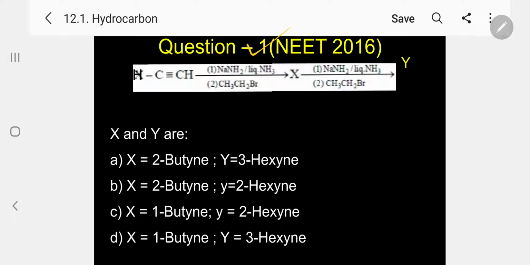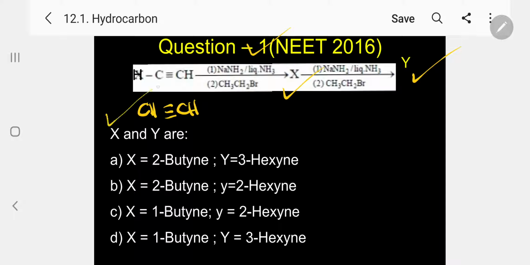Acetylene, CH triple bond CH, undergoes reaction with sodium amide in liquid ammonia followed by ethyl bromide, giving X. Then again the same reaction is repeated. The product X is again treated with sodium amide, liquid ammonia and ethyl bromide, giving the product Y.